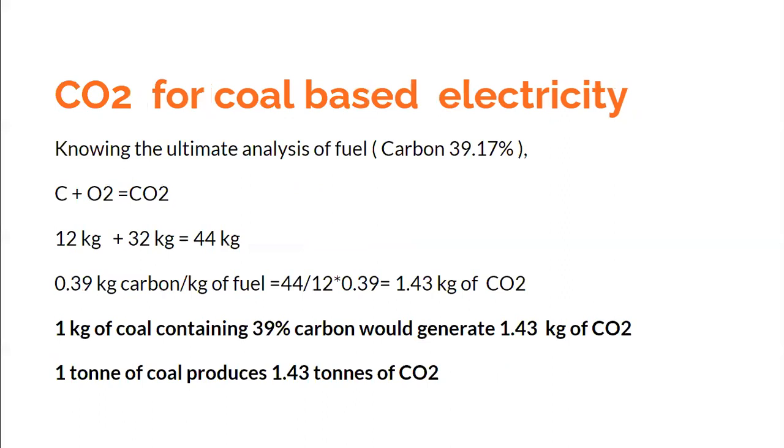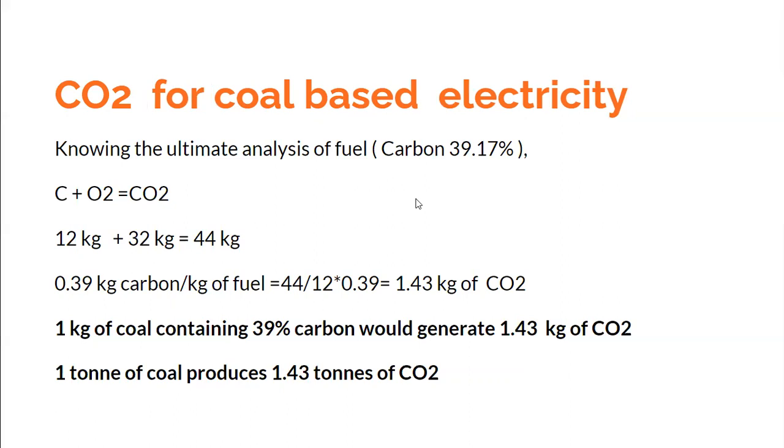Again, for doing these calculations, we would require the data on the ultimate analysis of fuel. So we would be assuming a coal of a particular quality, which has a carbon content of 39.17%. Again, I write the combustion equation, C plus O2 gives CO2.